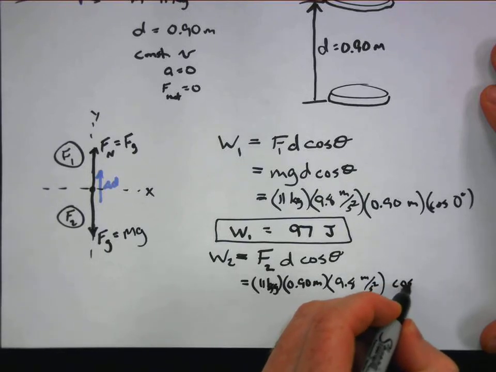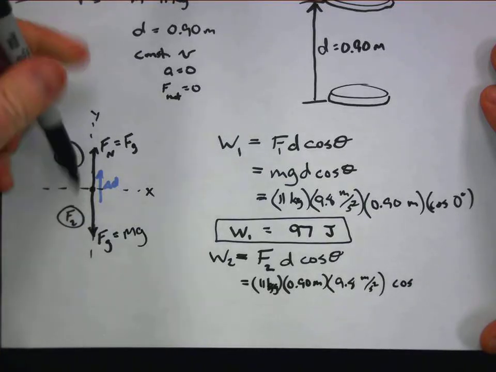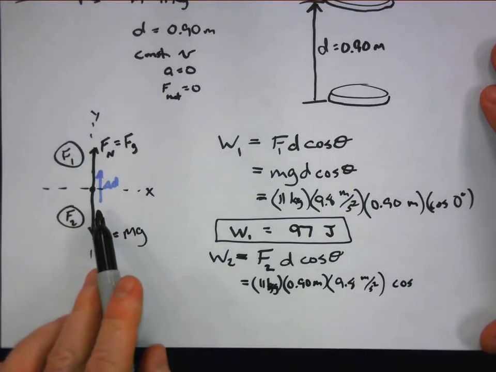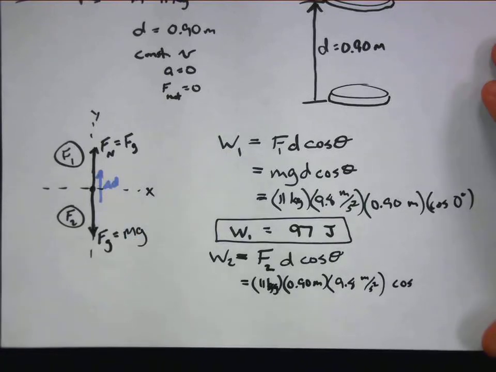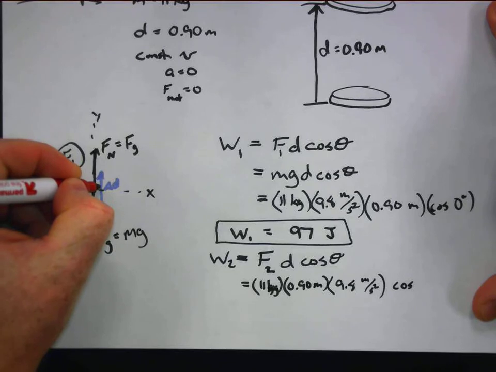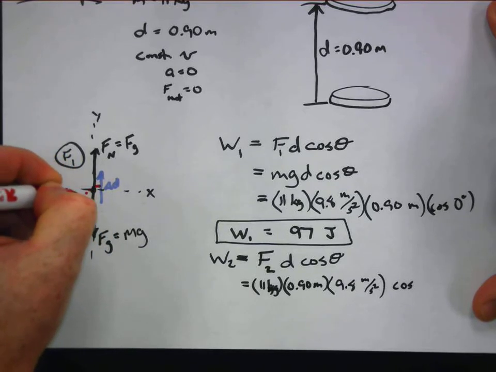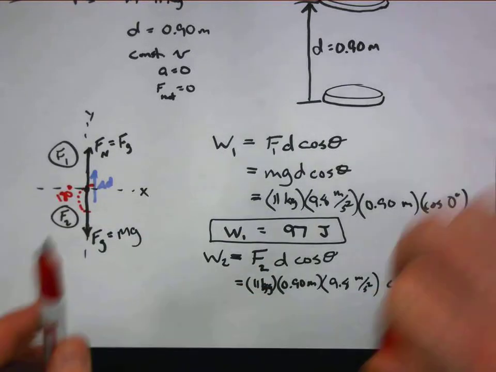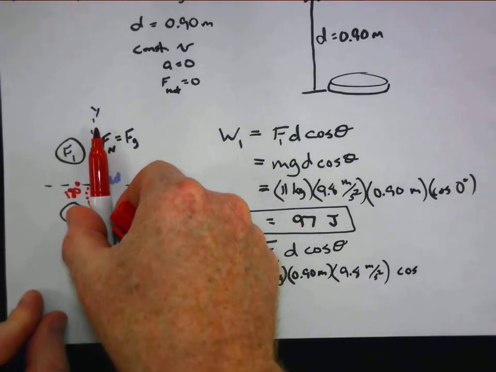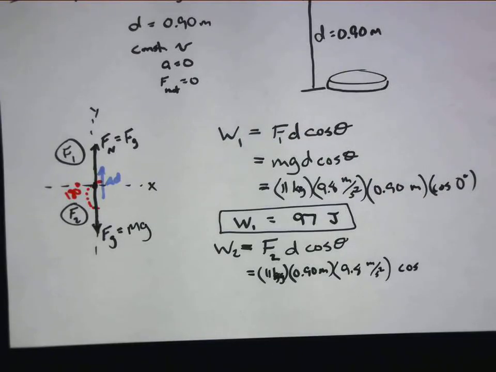Now this is where it's different than the previous force. Here, the force is downward and the motion is upward. The angle between those two things is essentially 180 degrees. That one's pointed up, the other one is pointed down, 180 degrees apart.